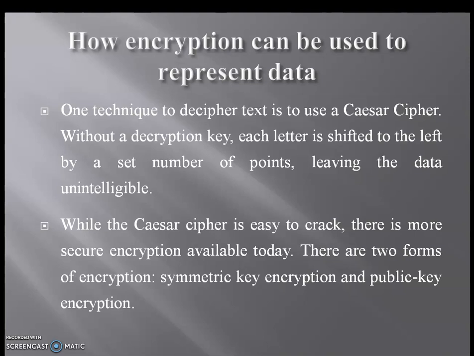How encryption can be used to represent data. One technique to encipher text is to use a Caesar cipher without a decryption key. Each letter is shifted to the left by a set number of places, leaving the data unintelligible.